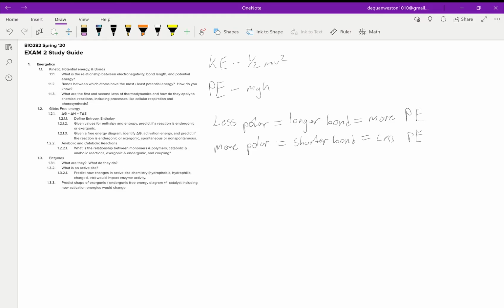We'll do two examples. So we'll say we have CO, then we have a ketone, a methane, and a propane.